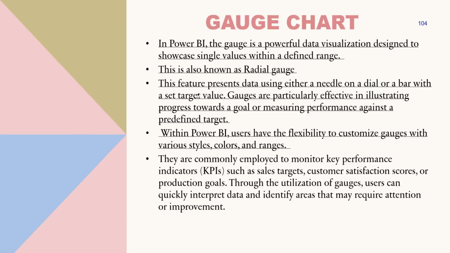Also, we can implement conditional formatting on it. They are commonly used to monitor key performance indicators such as sales targets, customer satisfaction scores, or production goals. Through the utilization of gauges, users can quickly interpret the data and identify the areas that may require attention or improvement.